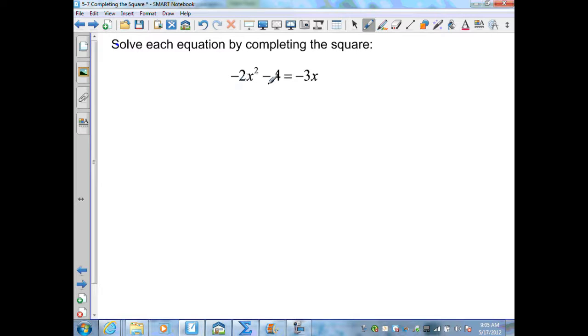Here I have a negative 2x squared minus 4 equals a negative 3x. I need my quadratic and linear term on the same side of the equation. So I'll add 3x, and I need my constant term on the opposite side, so I'll add 4. That gives me a negative 2x squared plus 3x equals 4. I need the coefficient of my quadratic term to be a positive 1, so I'll multiply both sides by the reciprocal, which is a negative 1/2.